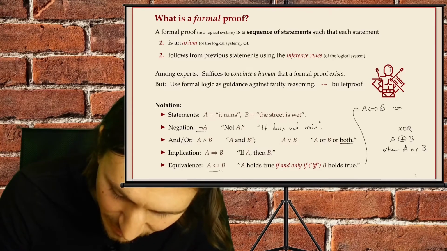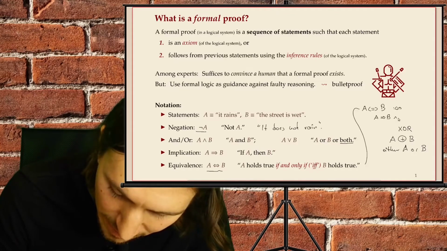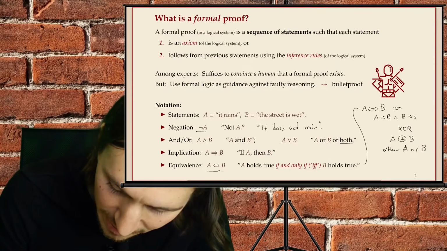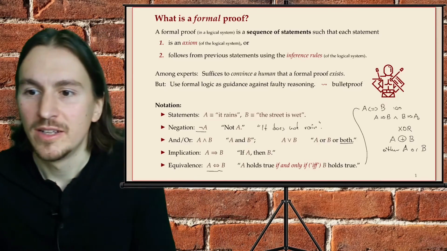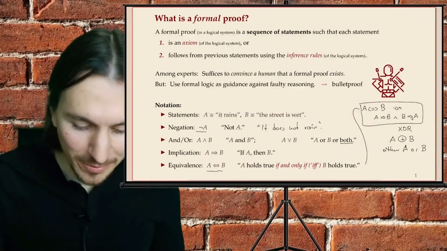We define this to be the same as A implies B and B implies A. So that is the same thing as A is equivalent to B. The two are equivalent if one implies the other and the other implies the former. Okay, let's see a more concrete example.